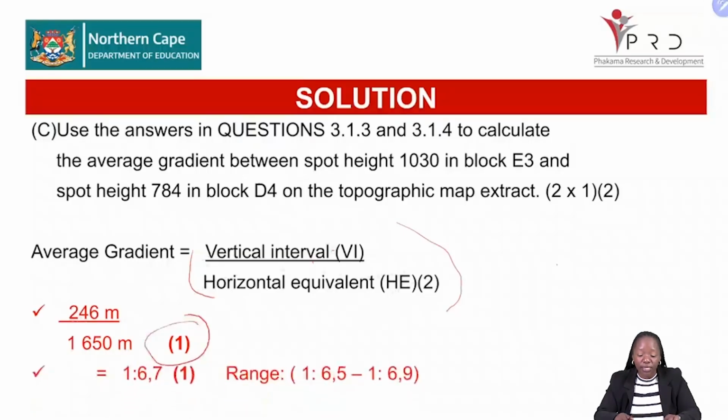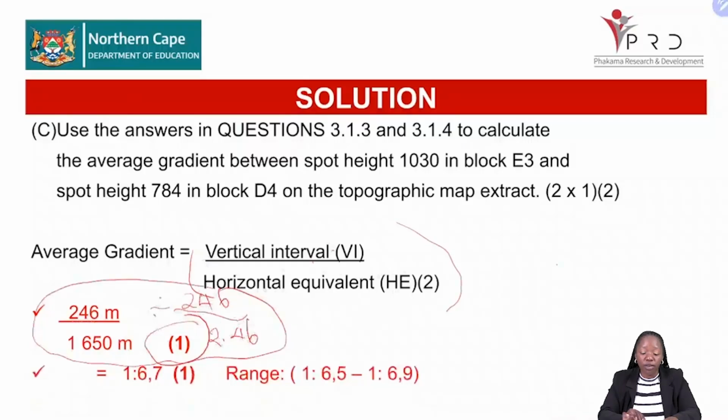Then after that, you divide both sides by your vertical interval, which is 246 over 246. Do this manually. Do not put this fraction into your calculator because you're going to get a wrong answer again. 246 divided by 246 gives you 1. 1,650 divided by 246 will give you 6,7.